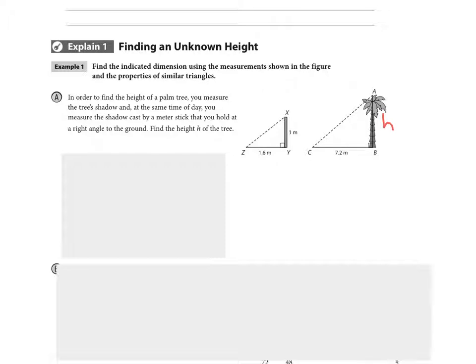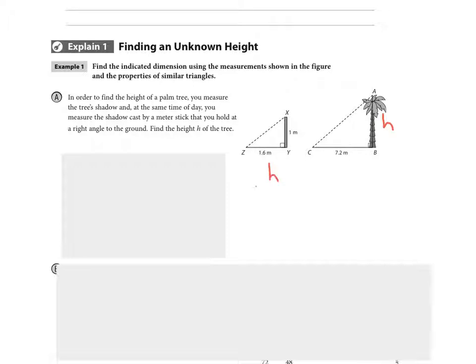What they're going to do is set up a proportion, and they're going to measure the height of the tree and its shadow, compared to a meter stick and its shadow. There are two proportions you can set up.